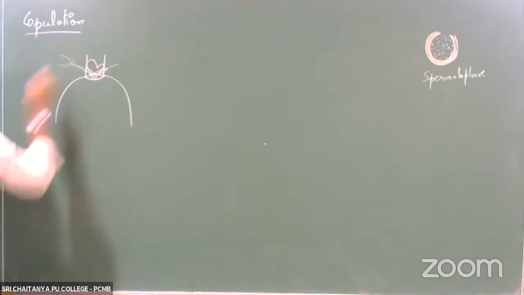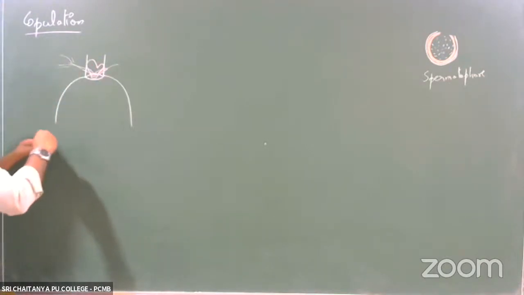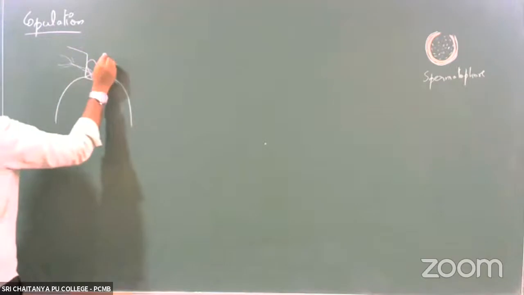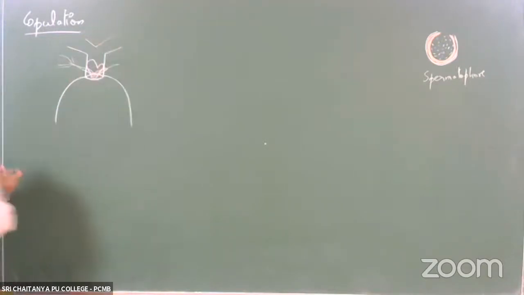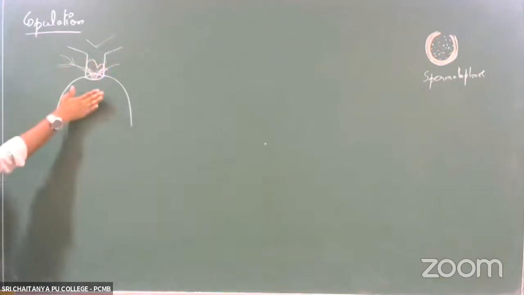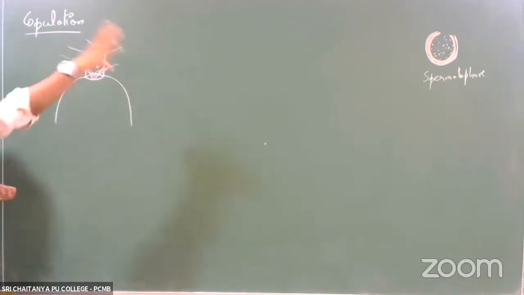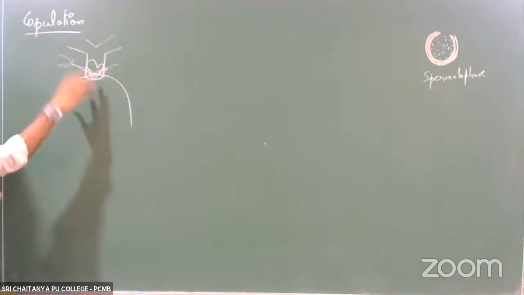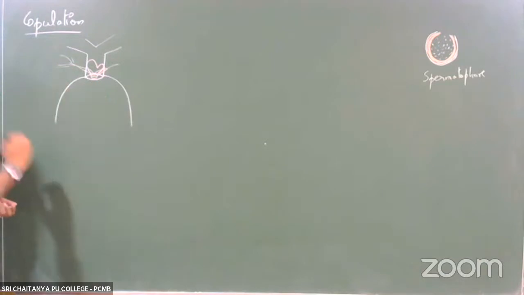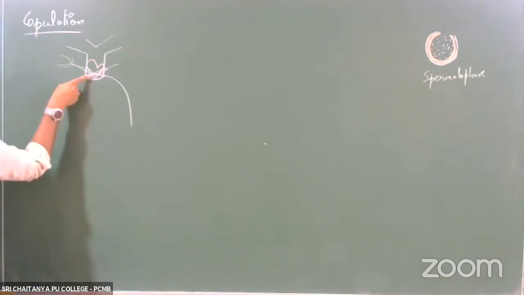And here we would have the two ovaries containing the ovarioles. We are not doing the ovarioles and the ovary here. So this entire spermatophore will now be released into the brood pouch of the female organism. Once released into the female genital pouch, it would go and attach to the opening of the spermatheca, right?